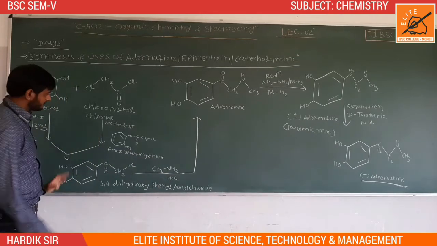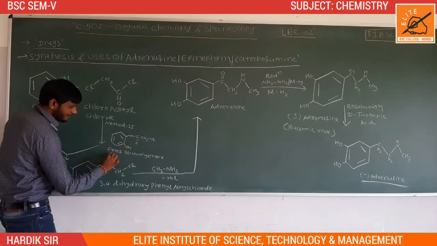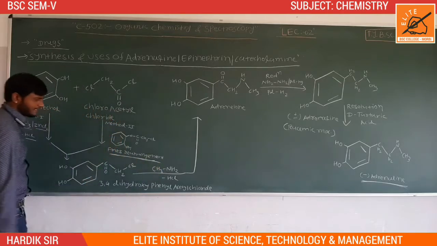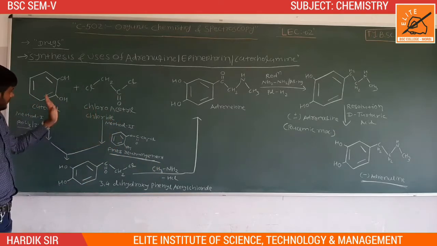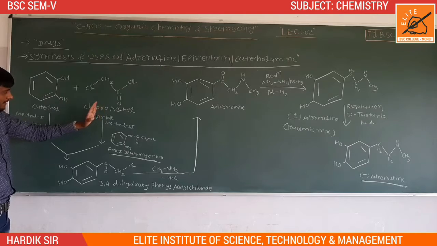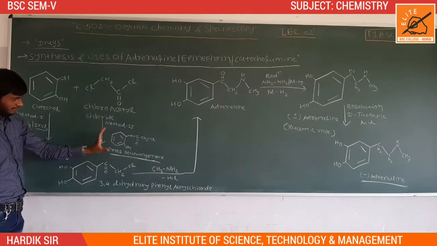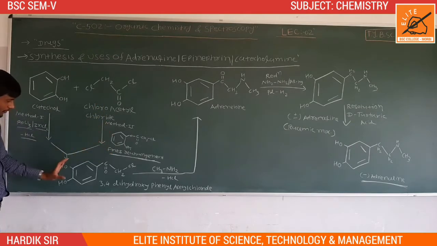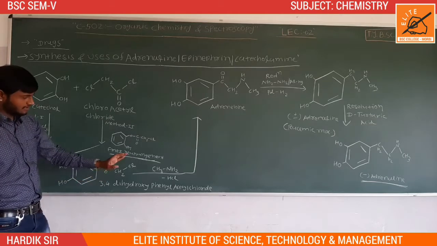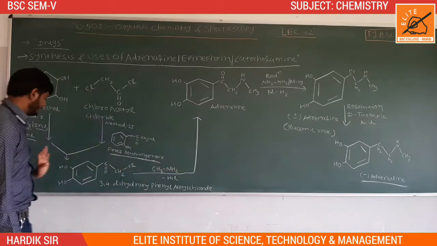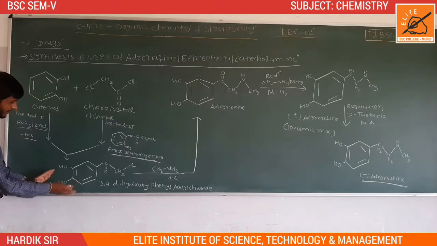The other method is the Fries rearrangement. Catechol and chloroacetyl chloride react by Fries rearrangement to produce 3,4-dihydroxyphenyl acetyl chloride.